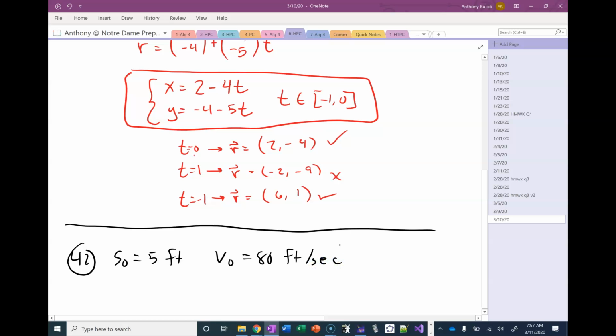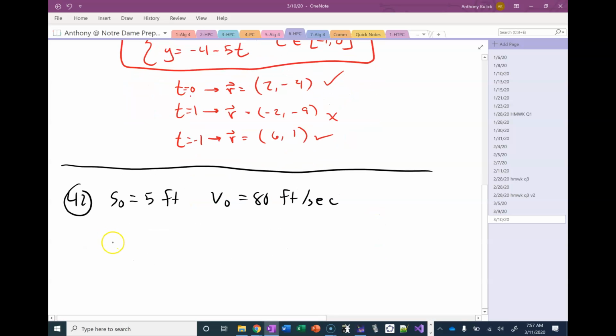Write an equation to model the height y in feet of the ball as a function of time t in seconds. Well, that's not really much of a sentence, but okay. I get what we're asking for.